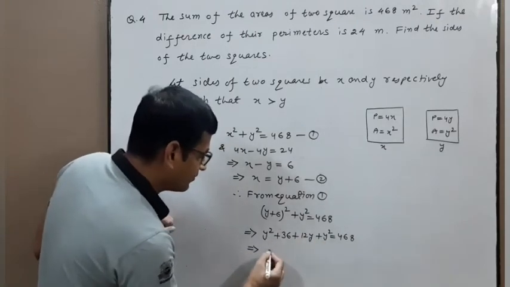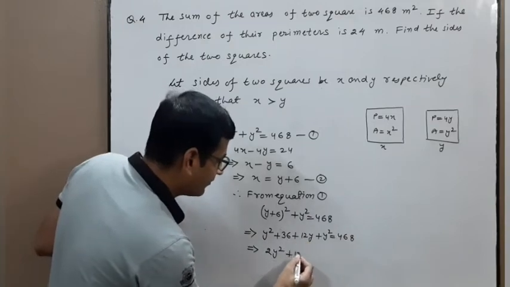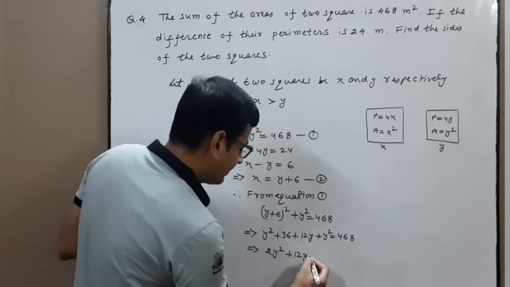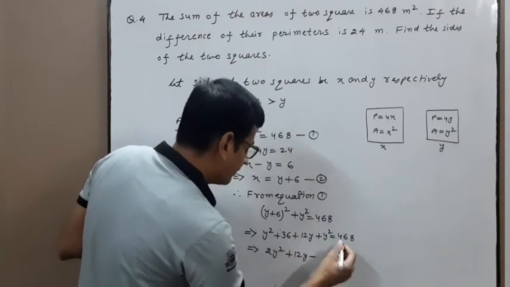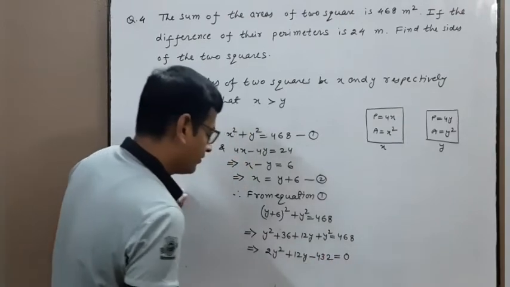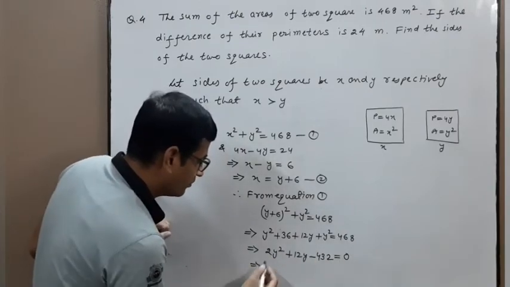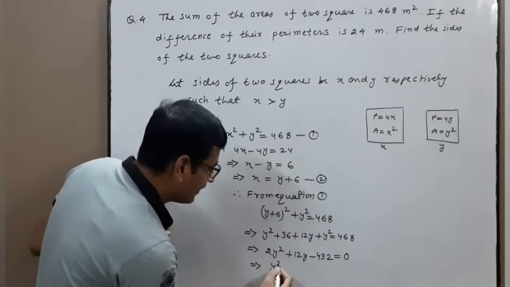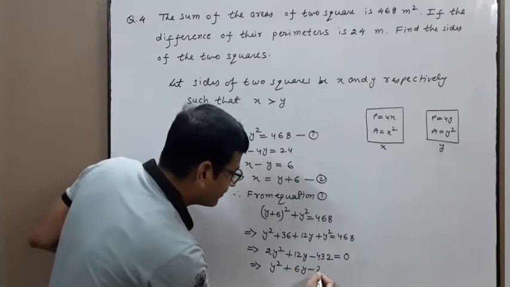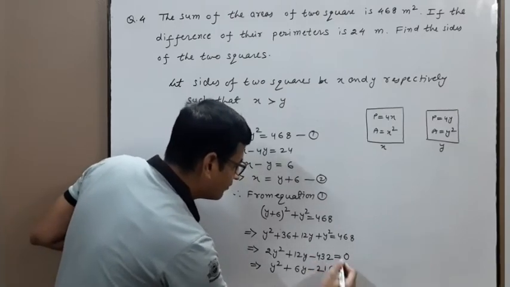Y square plus y square is 2y square plus 12y, and 36 minus 468 is minus 432, equal to 0. Now dividing throughout by 2, we get y square plus 6y minus 216 equal to 0.